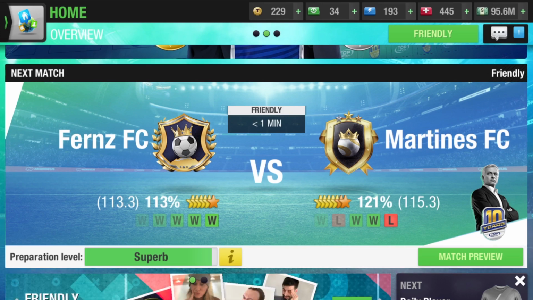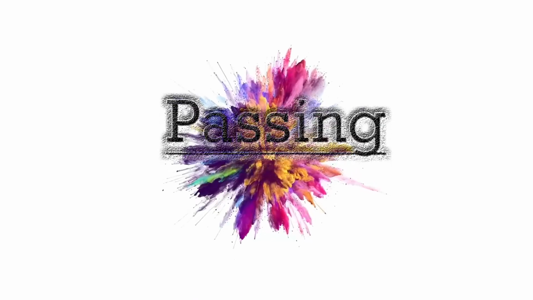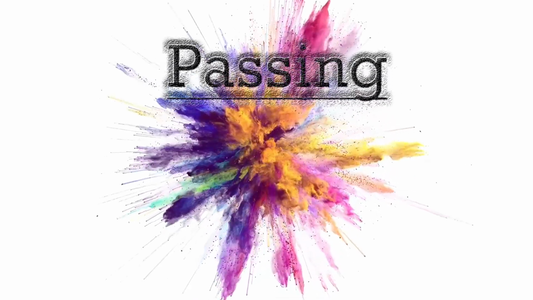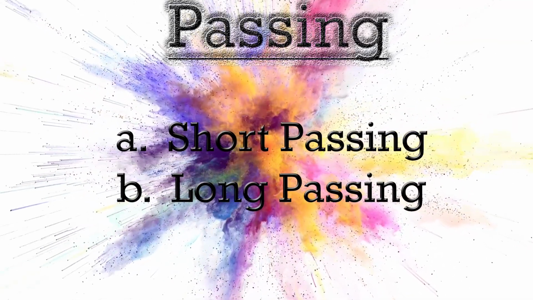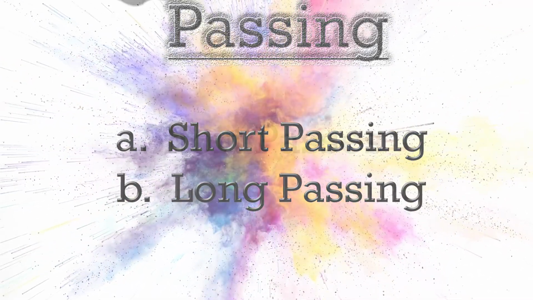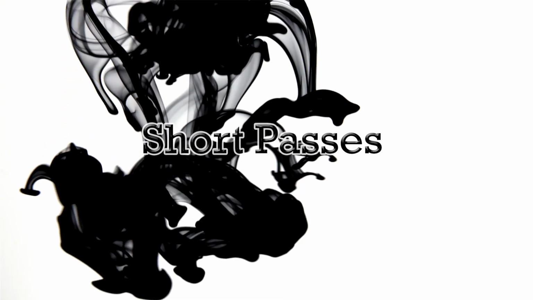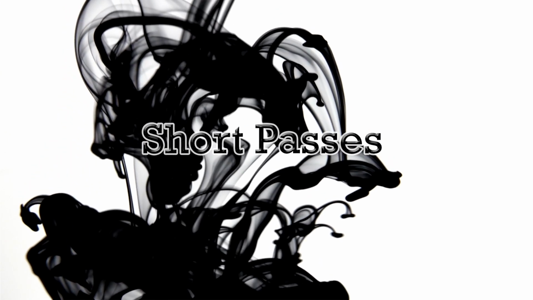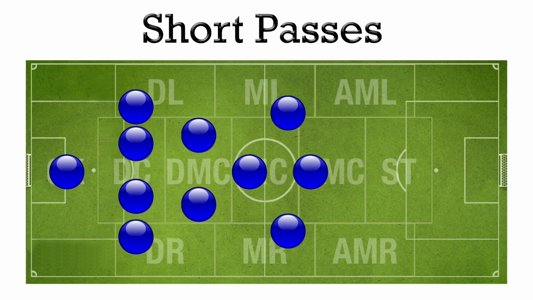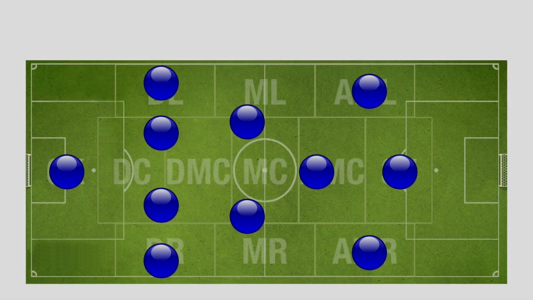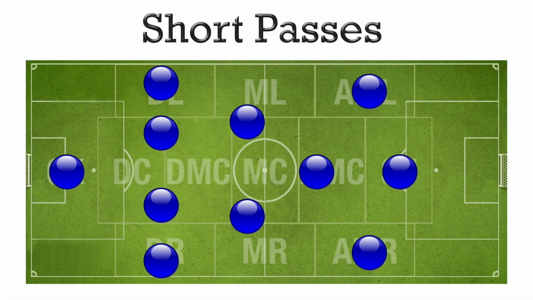So in passing we have two kinds of passing, which is your short passing and your long passing. Both have their merits and demerits. In short passes, what we normally see is you deal with everything in triangles. Between the players, a small set of triangles are formed.